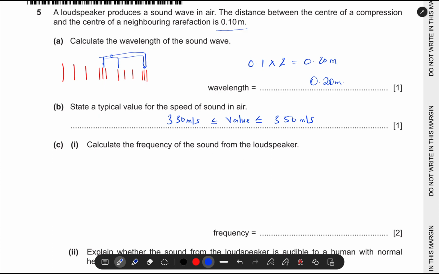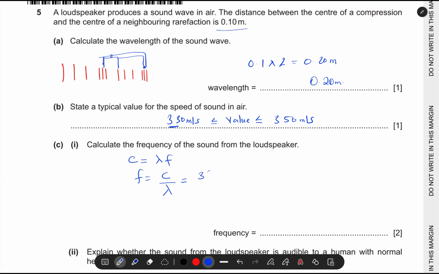Calculate the frequency of the sound from the loudspeaker. Now, we just have to pick one here. Usually I pick 330, from the speed of sound formula, which is given by C equals wavelength multiplied by frequency. We are looking for the frequency, so we make frequency the subject of the formula: frequency equals C over wavelength.